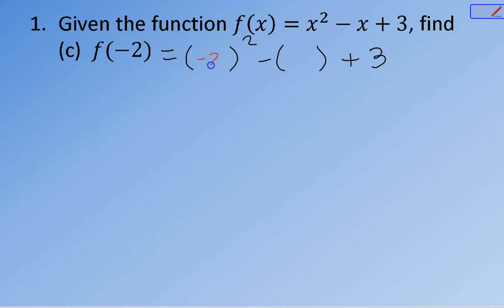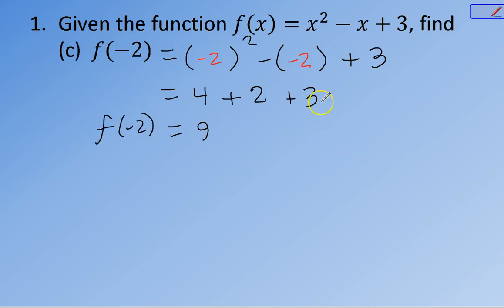So we're inserting a negative 2, inserting a negative 2, and following our order of operations. So negative 2 squared happens first. That's 4. Minus negative 2 is plus 2, because you're multiplying negative 1 times negative 2 is 2, plus 3. Then we'll simplify that down all the way to 9. So the f of negative 2 is 9.